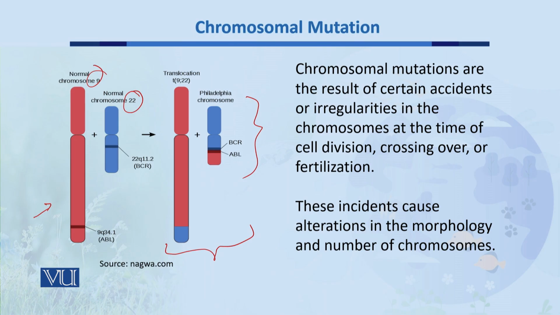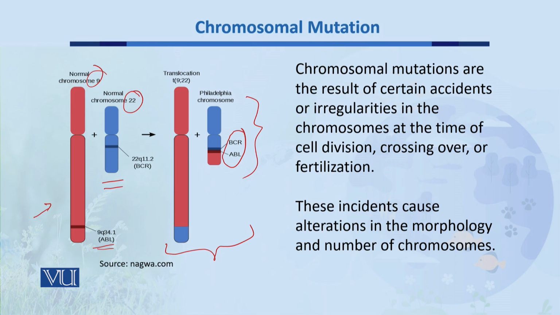The ABL gene is normally present on chromosome number 9, and the BCR gene is normally present on chromosome number 22, but their crossing over has resulted in an abnormal chromosome which has both these genes on a single small chromosome, which is known as the Philadelphia chromosome.